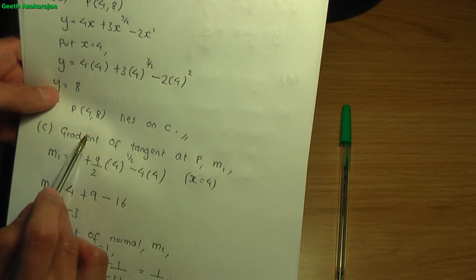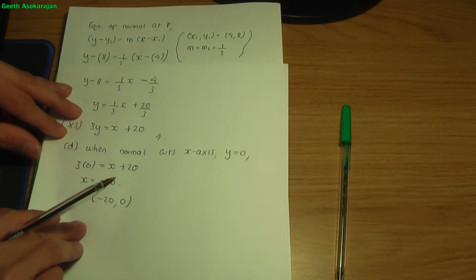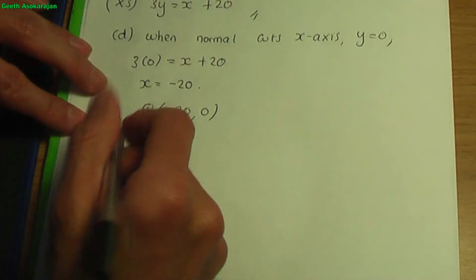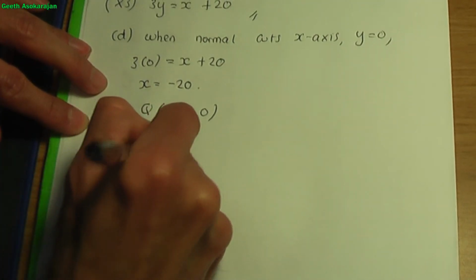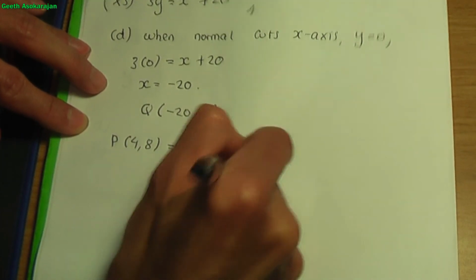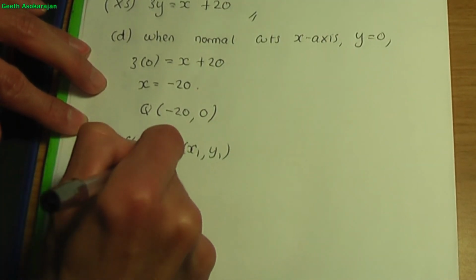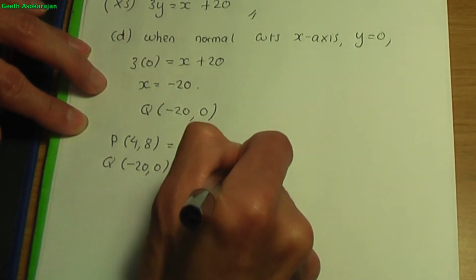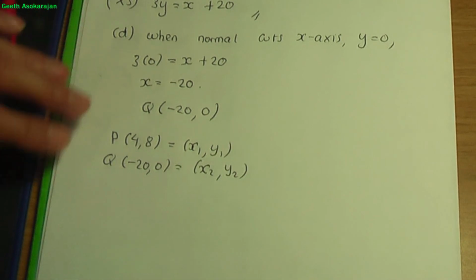So we have the P and Q coordinates. So let's find the length of PQ. So P has coordinates 4 and 8. I'm going to call that x1 and y1. Q on the other hand, minus 20 and 0. Let's refer to that as x2, y2.